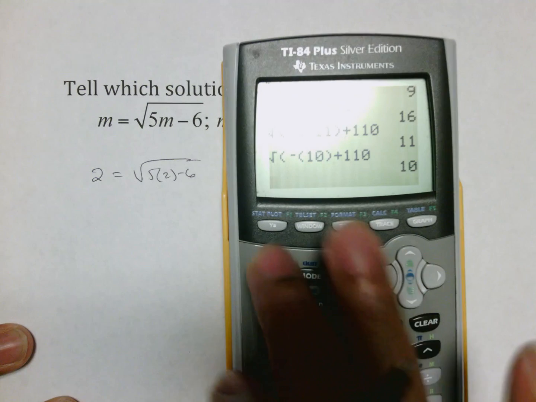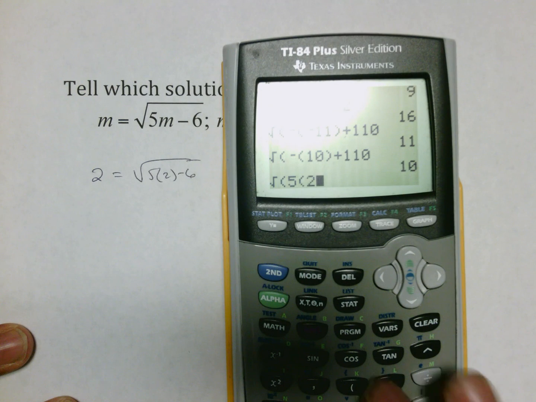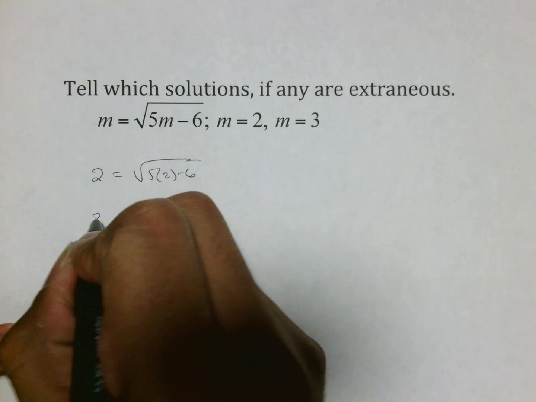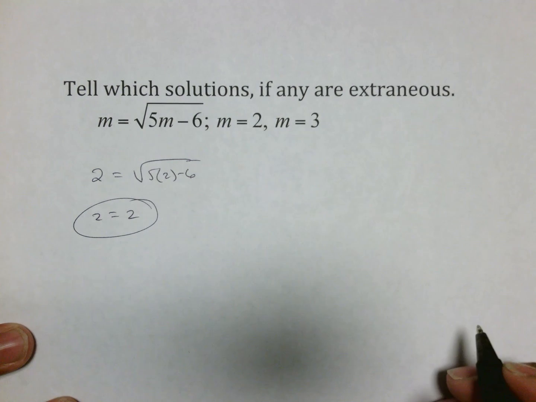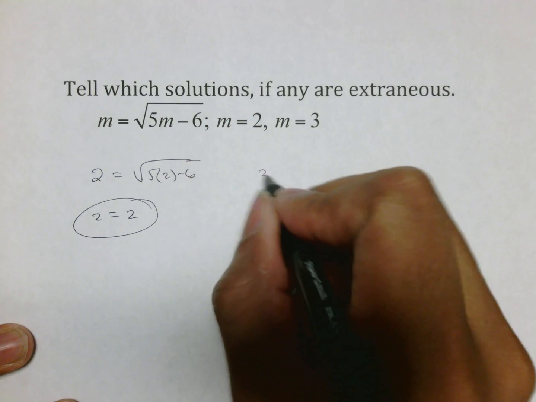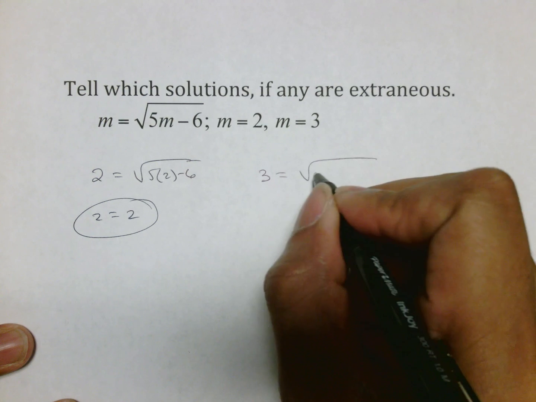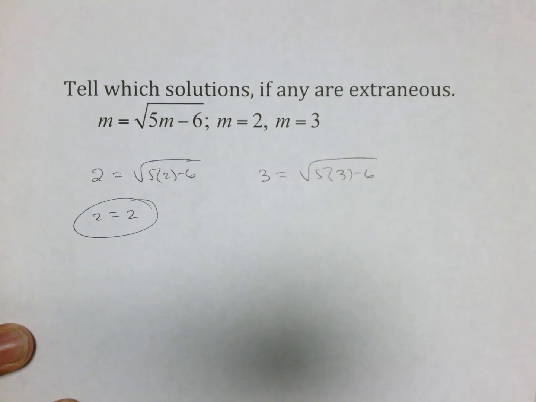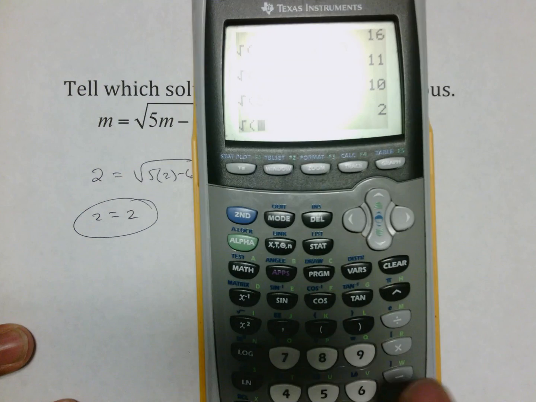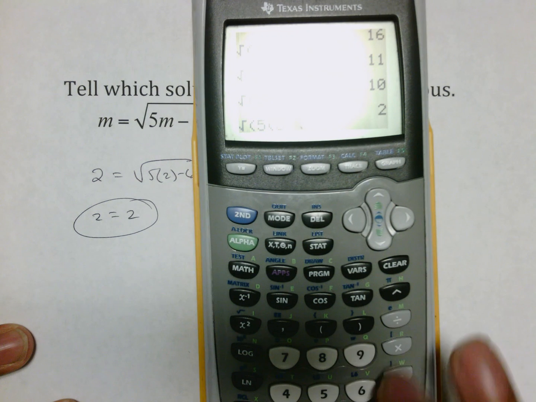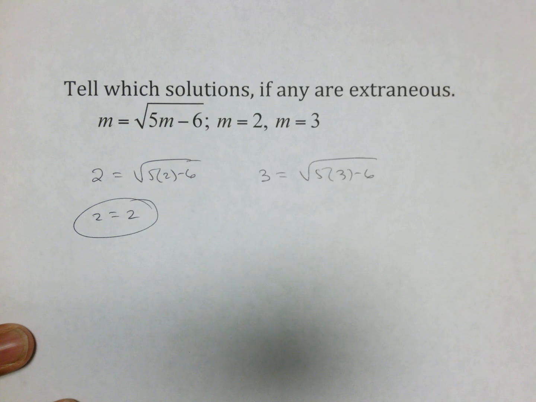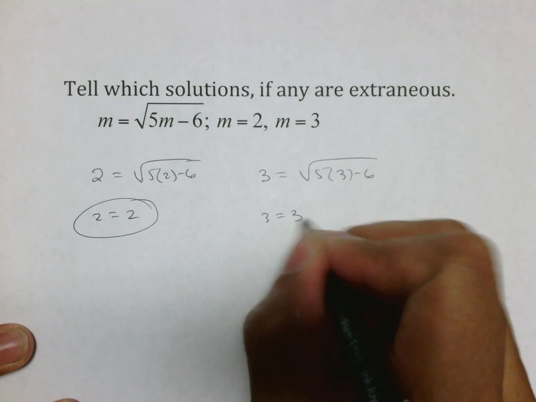We get the answer of 2. That solution works. We try 3, so we get 3 equals square root of 5 times 3 minus 6. We check out 5 times 3 minus 6 under the root. We get the answer of 3.